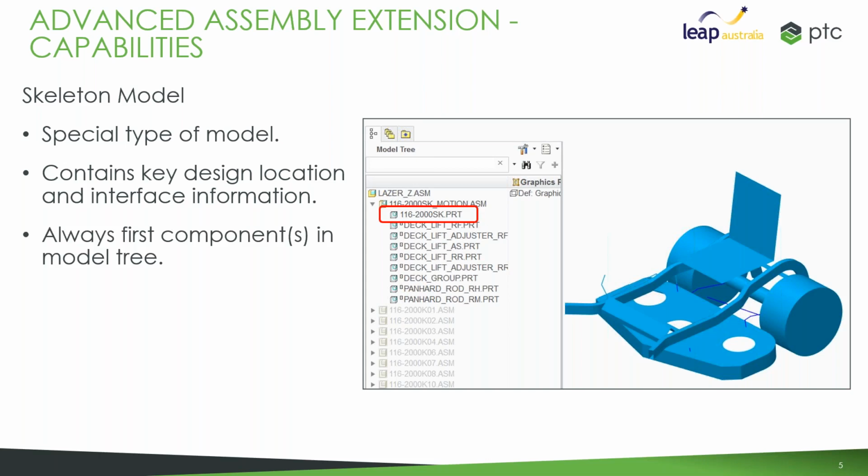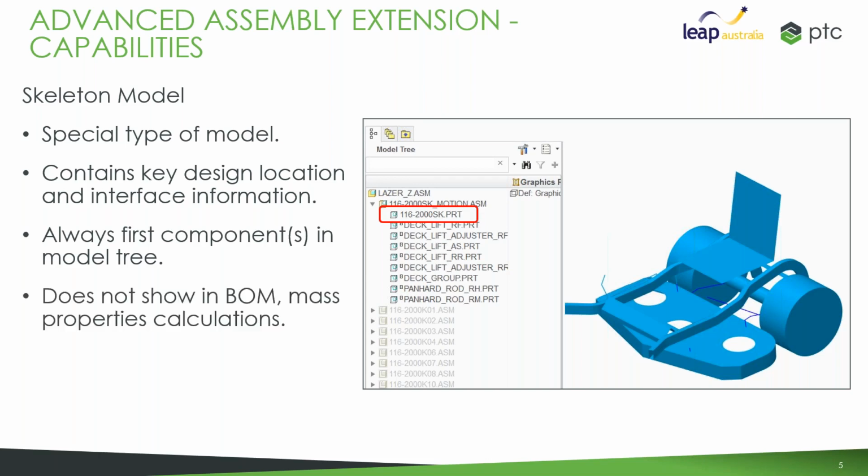Also, when you create a skeleton model, it will always be created as the very first component in the model tree. The other consideration is that it won't be calculated in the bill of material or mass properties calculation. And it is easy to find the information at any point of time because the critical information is always stored at the skeleton level.